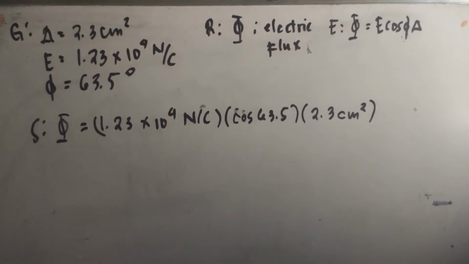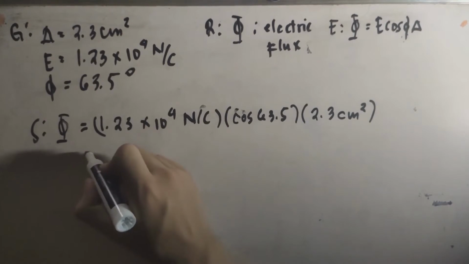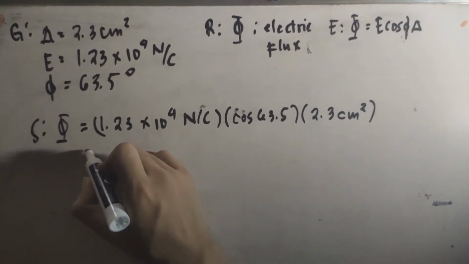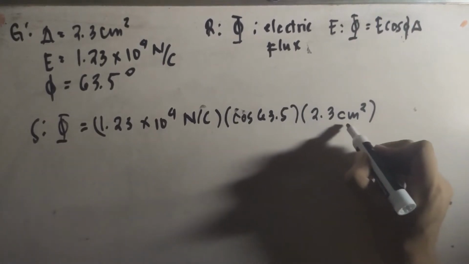So as you can see, our area is not in base SI. The base SI for distance is meters, so area should be meter squared. So we're going to calculate for that first. Okay, let's take this one first.